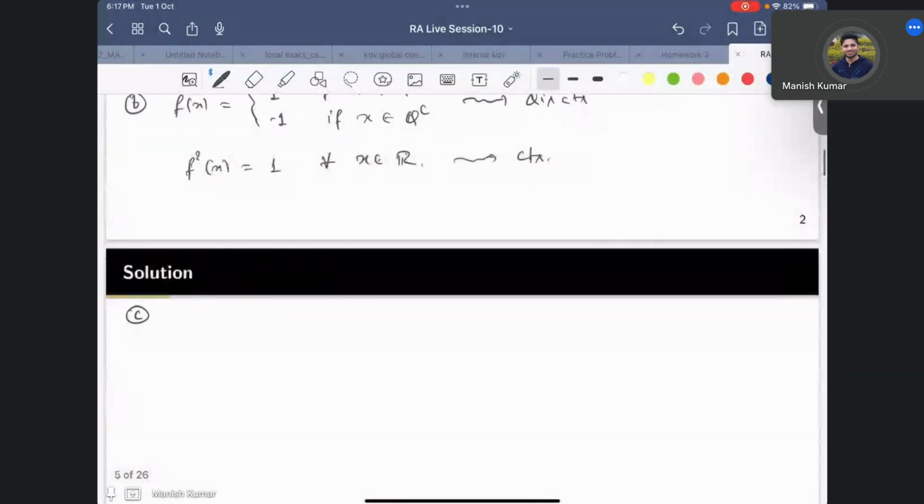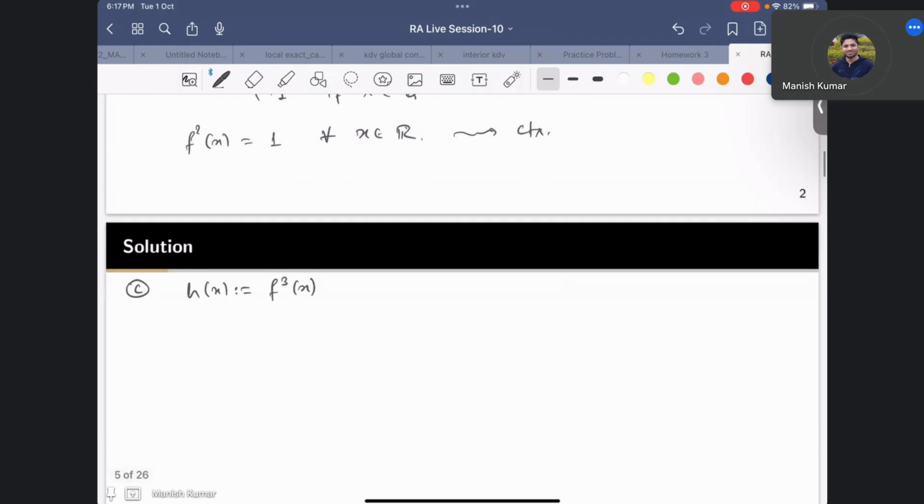Let me call f cube x as h of x. So I'm defining this new function h. The next function I will define as g of x, which is x raised to the power 1 by 3.